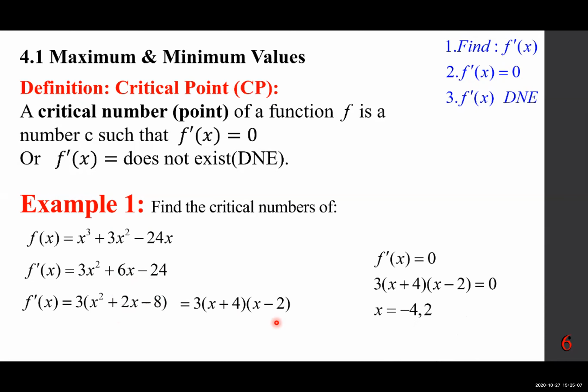So this is the bottom line for this example, finding all critical points or numbers. Now, this last part says f prime doesn't exist. f prime is a polynomial of degree 2, a quadratic function. Therefore, it exists everywhere, so you don't have to worry about that. But there are functions where we'll see this coming up.